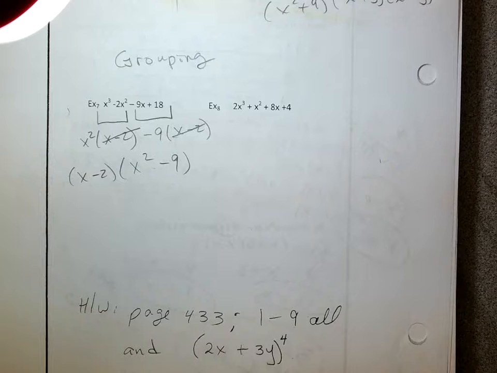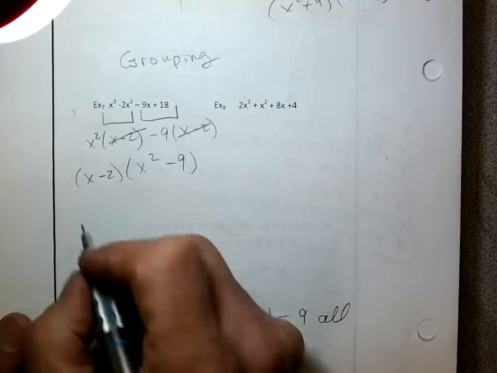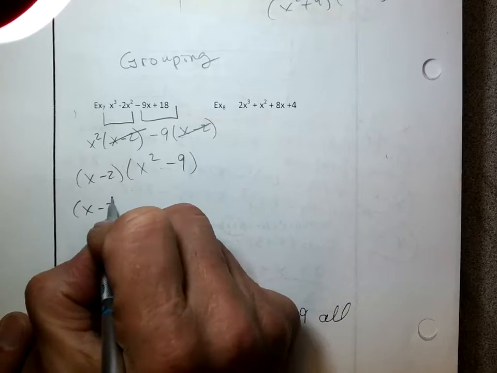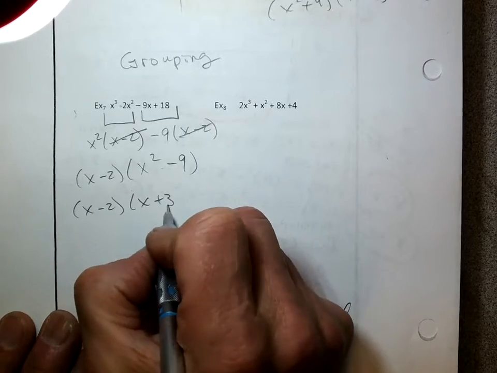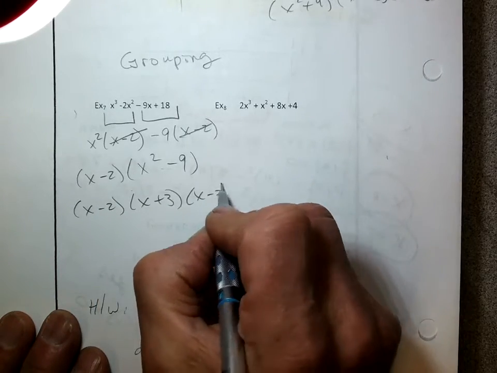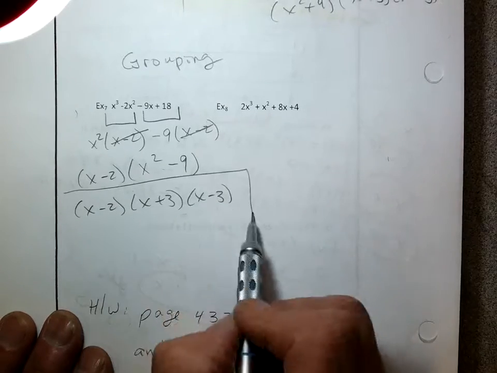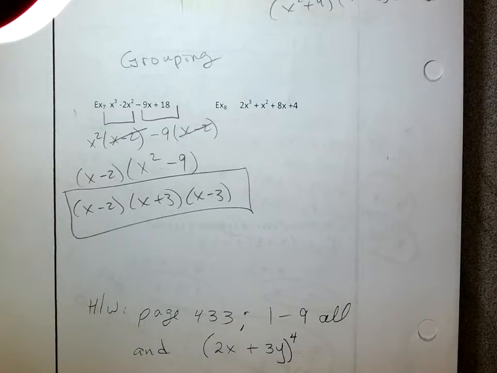I like it. No more of that simple little algebra 1 stuff. Sure we can. x plus 3, x minus 3. Those are all three of its factors. That hurt your head a little bit?